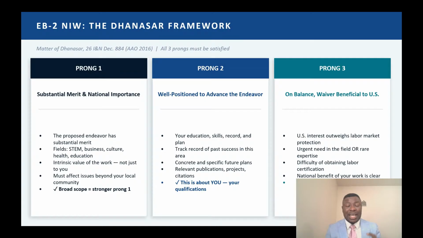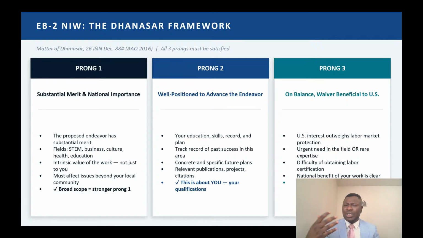So remember, there are 3 prongs. Your proposed endeavor needs to have substantial merit and national importance. In the second prong, you need to show that you are well positioned to advance the proposed activity, the specific activity that you said you wanted to carry out in the United States. And in this part, USCIS looks at your education.